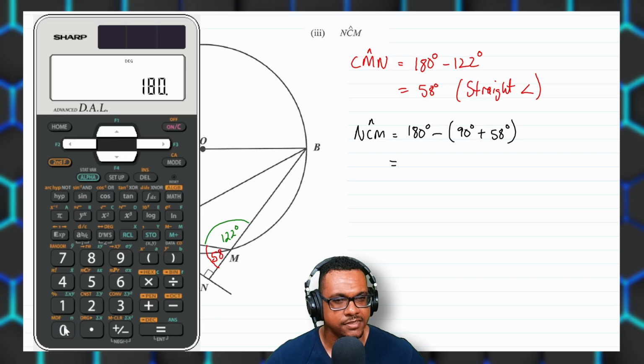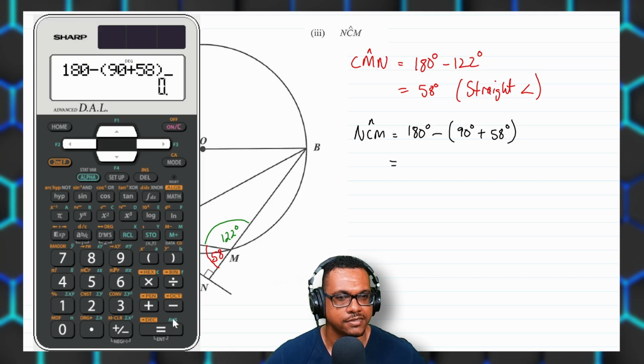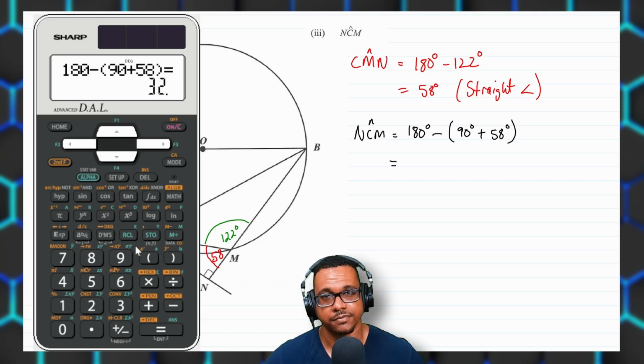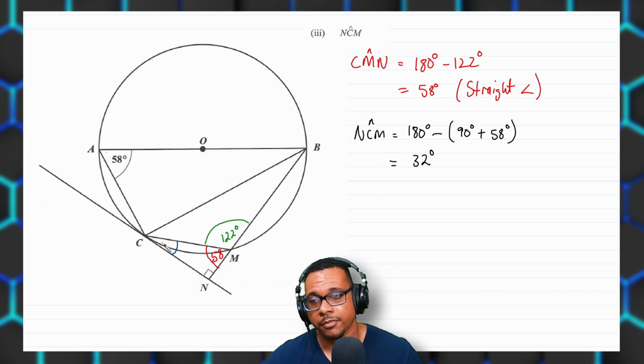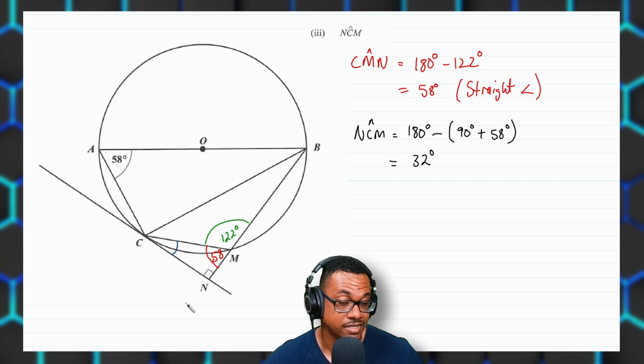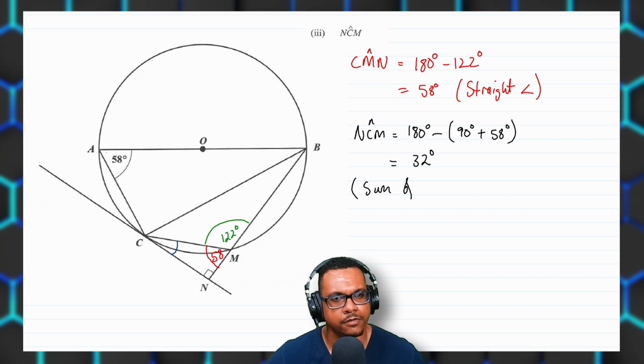We have 180 take away 90 plus 58, close brackets, and that's equal to 32 degrees. So we're going to have 32 degrees here. And that will be angle NCM, and the reason will be the sum of the interior angles of a triangle is 180 degrees. So I'll write sum of the interior angles of a triangle is equal to 180 degrees.